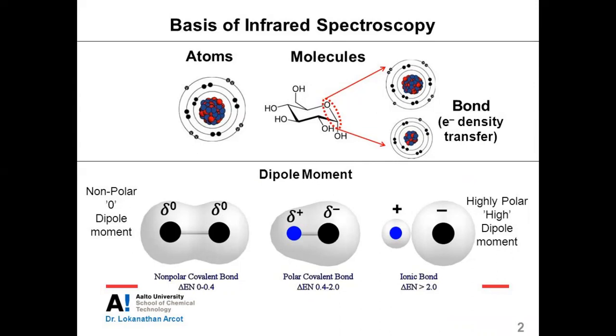But at the right side of the diagram we can see the high dipole moment, because this molecule is highly polar in nature because of the small size of the positively charged atom and the large size of the negatively charged atom, and it is basically an ionic bond, and the electronegativity difference is greater than 2.0.